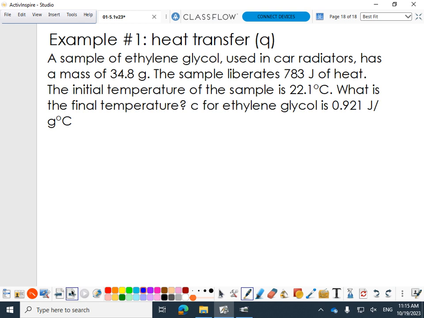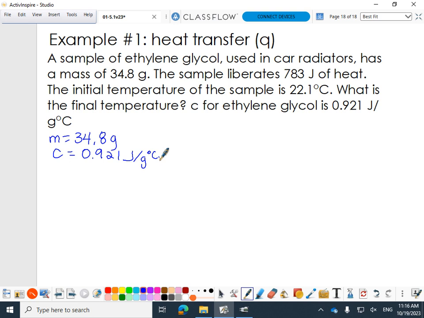So a sample of ethylene glycol used in car radiators has a mass of 34.8 grams. When you do these questions, you just have to check. So our heat capacity is given in grams, so that's good. Later on, we will get to situations where it's kilojoules.